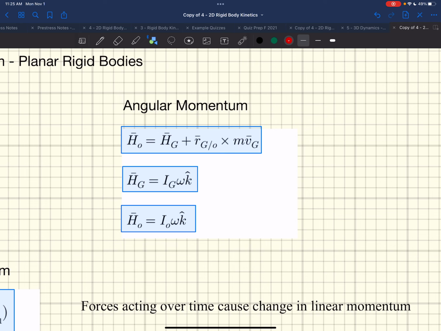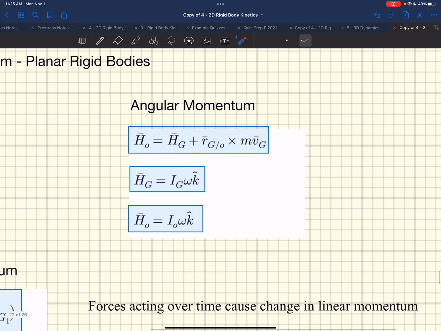We're going to use this equation. This is the angular momentum of the thing spinning about its own mass center, plus this other component, the moment of linear momentum. That's the moment arm, and that's the linear momentum. So we're going to ignore the fact that the bullet's rotating about its own axis and just do R_G as seen from O crossed with m v_G.